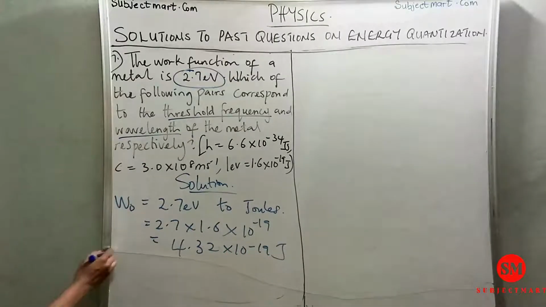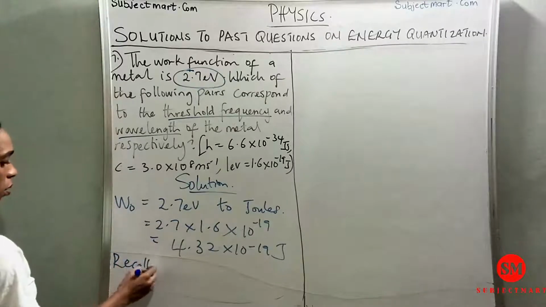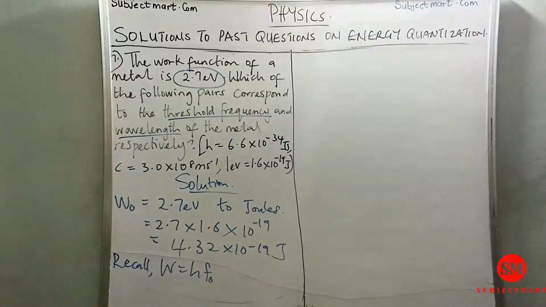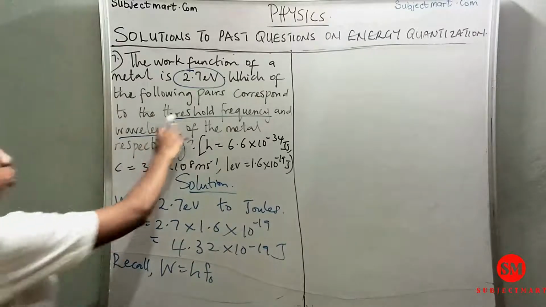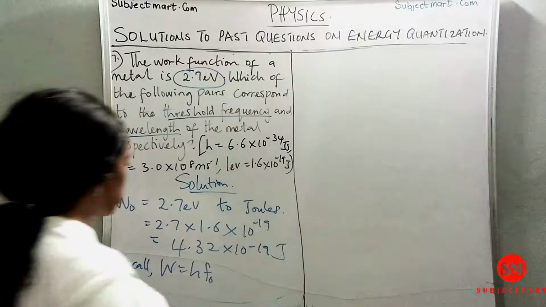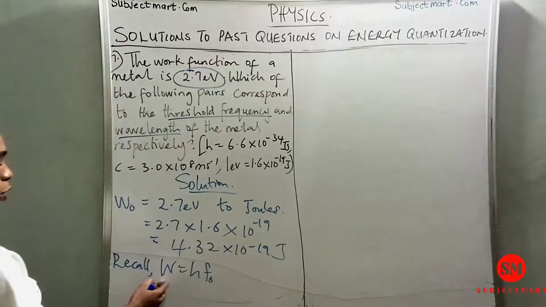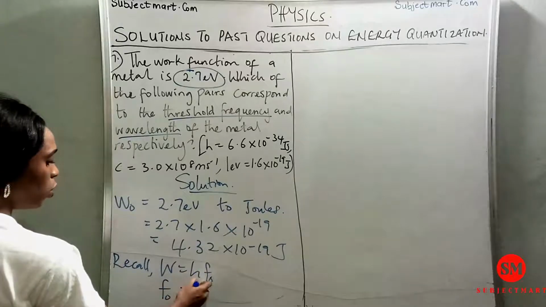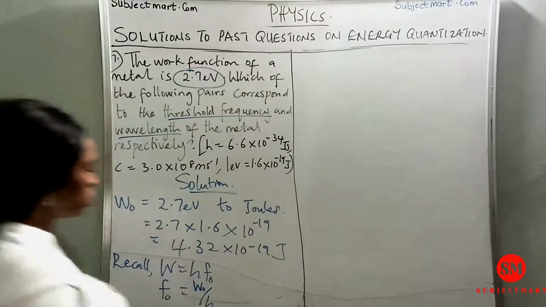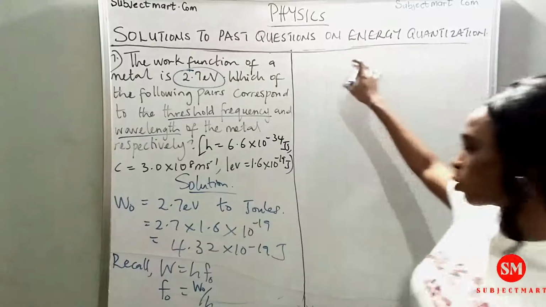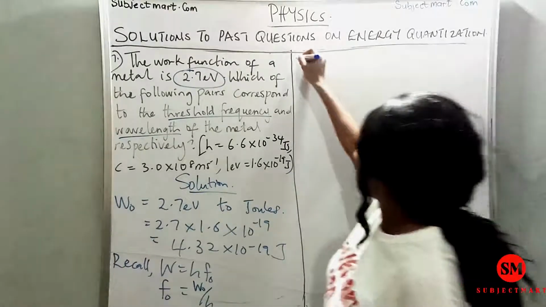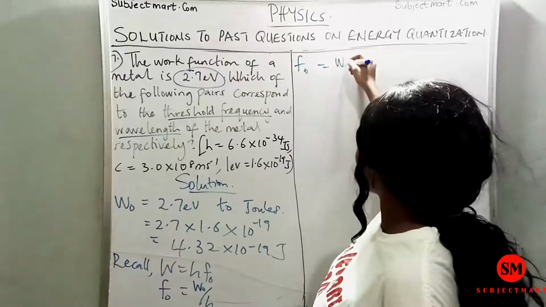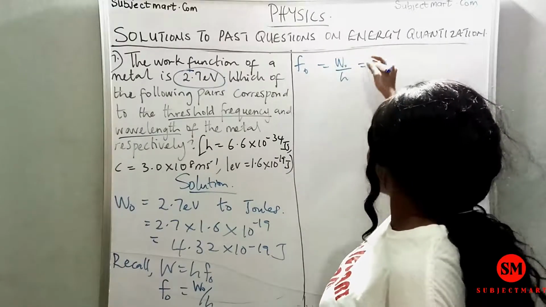Okay, so you recall this formula that says W equals h f naught. We are asked to find the threshold frequency. f naught is the threshold frequency. So if we make f naught the subject of the formula, I'm going to have W over h. My threshold frequency, f naught, is equal to the work function over h.